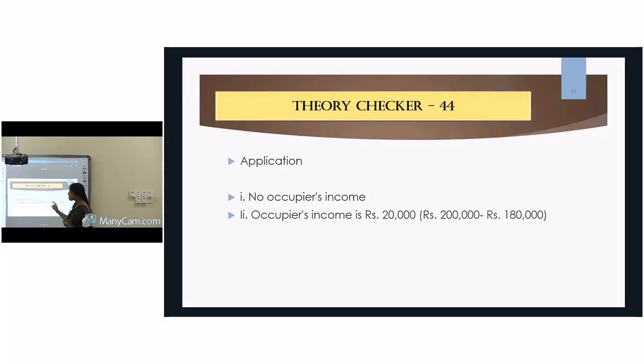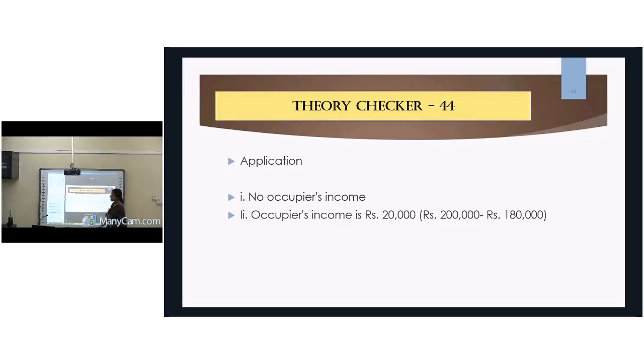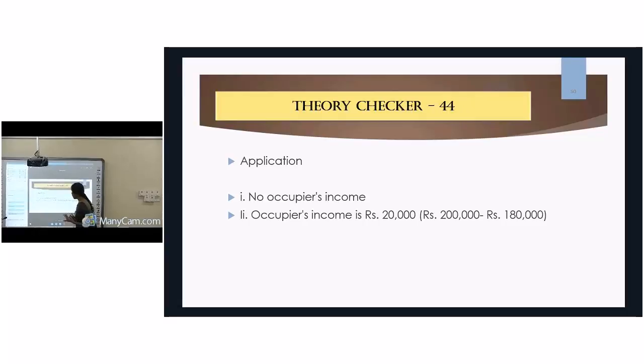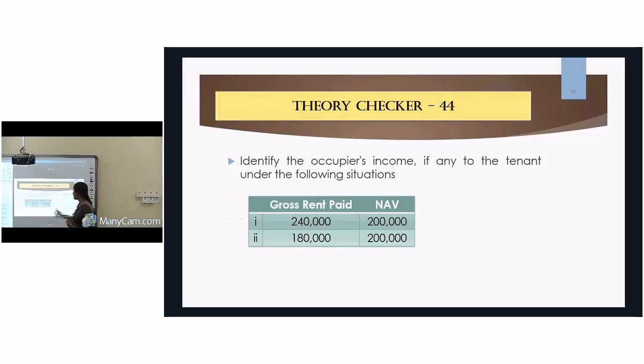In such a situation, what would be the owner's income and what would be the occupier's income? In the first situation, no occupier's income.